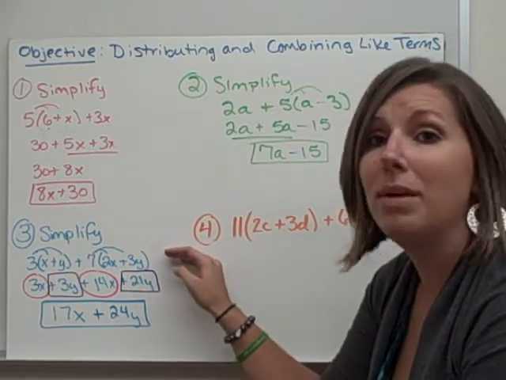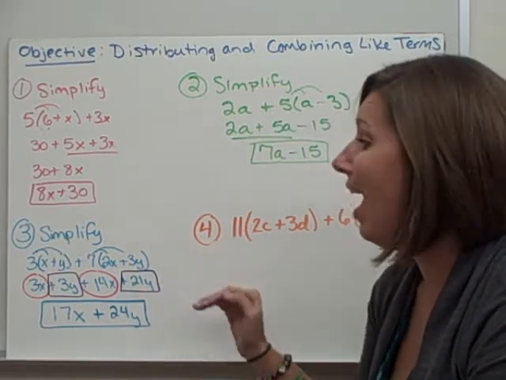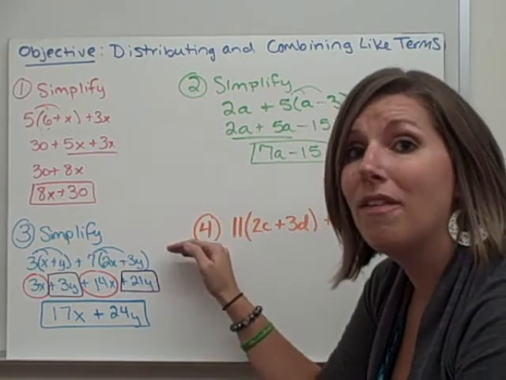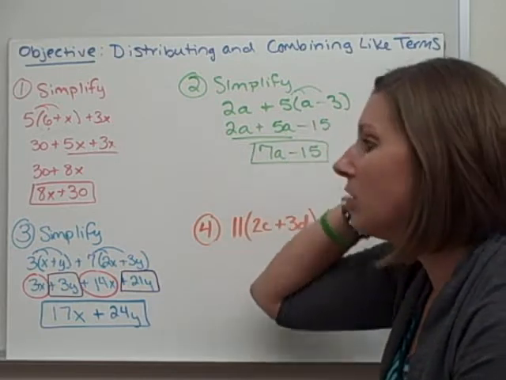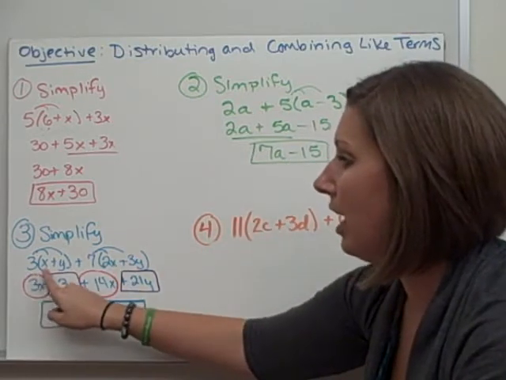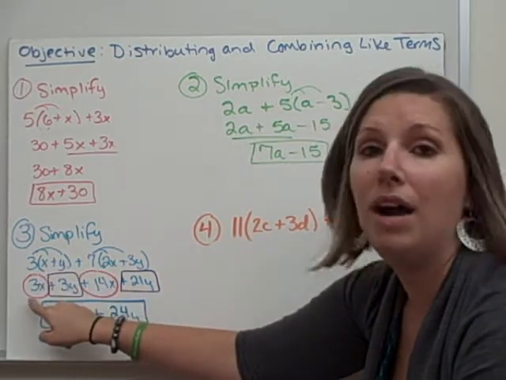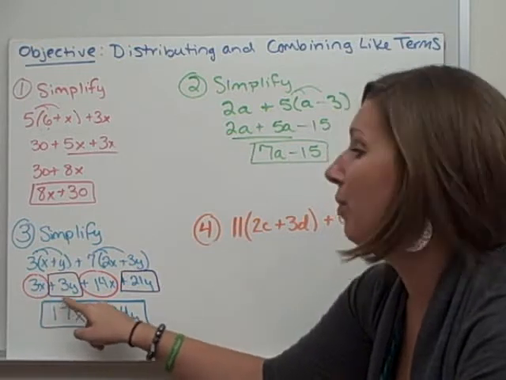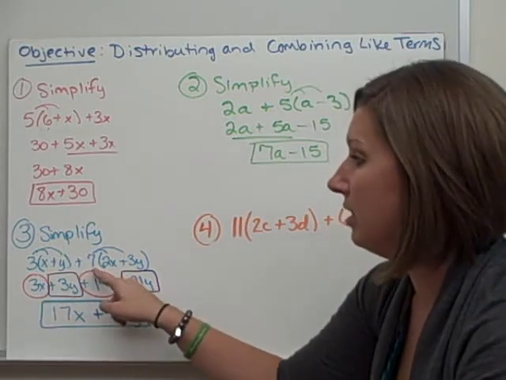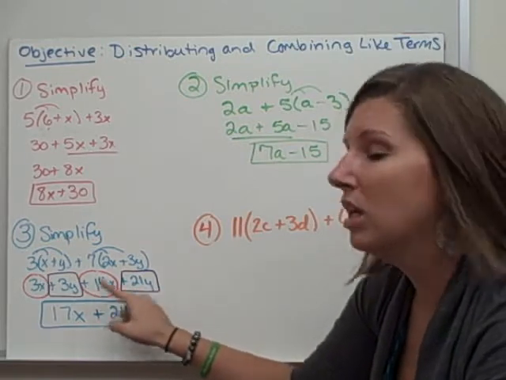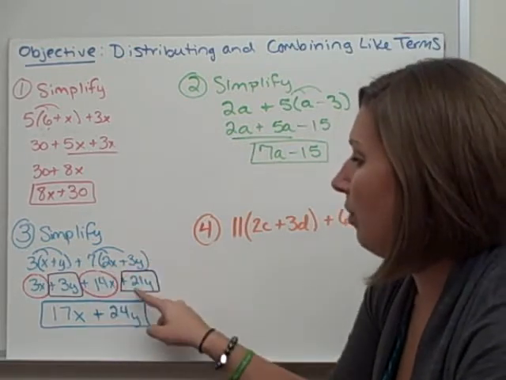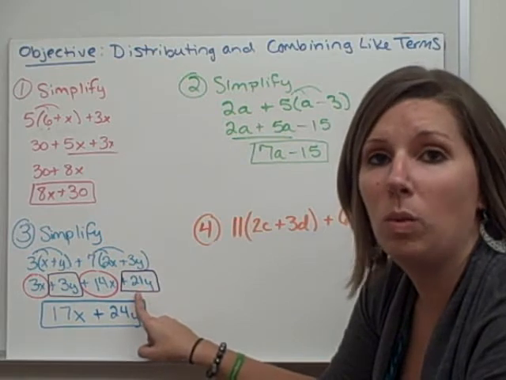So just like in PEMDAS, in order of operations, I've got to complete my multiplication first before I can add or subtract. So if I distribute the 3 to the x and the 3 to the y, I've got 3x plus 3y. If I distribute the 7 to the 2x, that gives me 14x's. If I distribute the 7 to the 3y, that gives me 21y's.